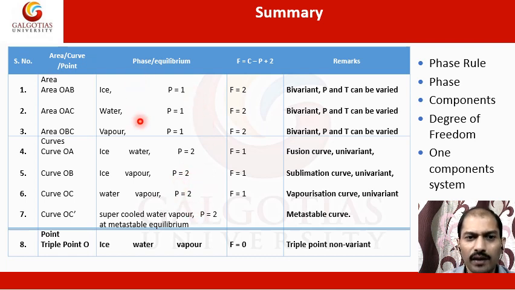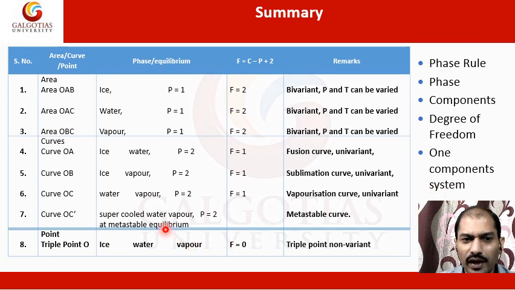So as we seen above, in case of area wise, we can say these are bivariant, and in case of curves OA, OB and OC, OC prime, phase will come 2, degree of freedom will come one. So fusion curve, because they are getting fused, and univariant. Sublimation curve in case of ice to direct vapor. Vaporization curve, if water is getting converted into vapor.